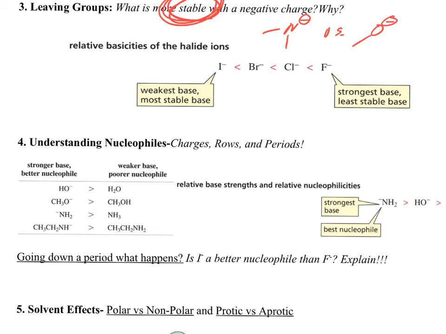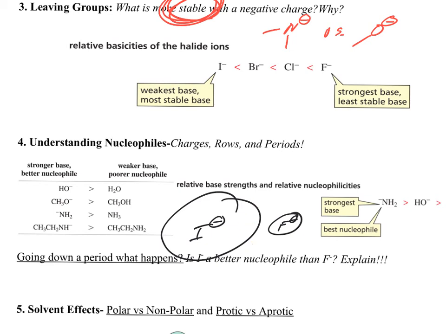What about as you go down the periodic table? Things get larger. If you're larger, do you hold your electrons as tight? No. So an I minus versus a little tiny F minus, which one's a better nucleophile? I minus is, because it doesn't hold its electrons as tight. It's huge, it has these electrons way out here.